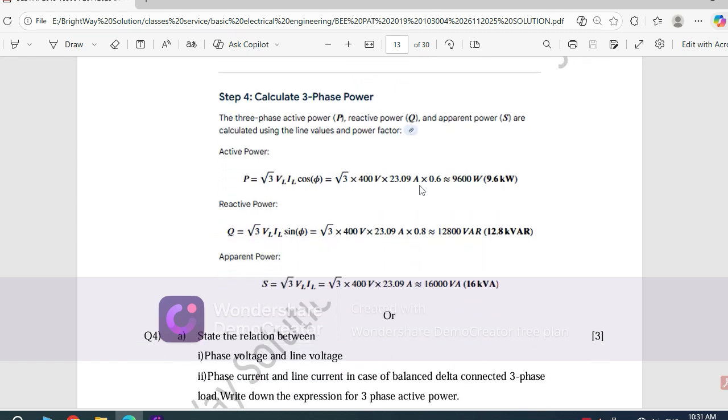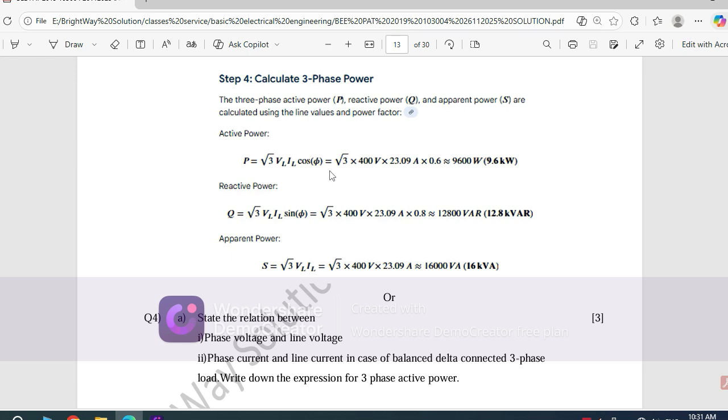Then next, very simple thing, you calculate active power. The active power formula is root 3 VL into IL cos phi, which is root 3 times the calculation, you get 9600 watt, 9.6 kilowatt. Then reactive power, we just replace cos phi with sin phi.